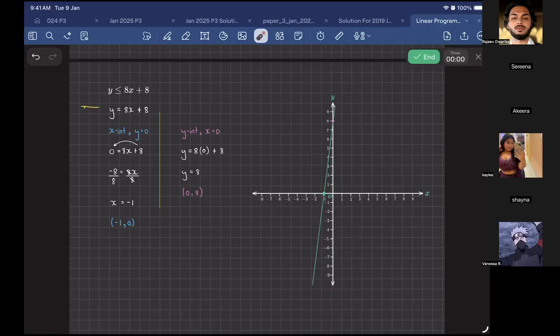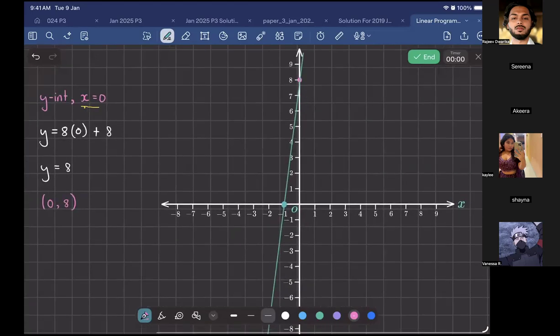Okay, Kaylee, now I need to figure out which side to shade. To do this, I'm going to select a test point. I want you to select a random test point for me. Okay, (-2, 4).